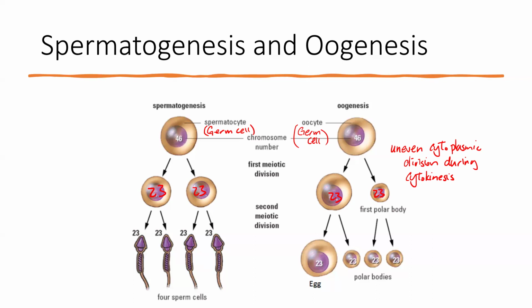So in oogenesis, one germ cell will only produce one viable egg. The other 3 polar bodies don't do anything. You understand? 4 sperms for men, 1 egg per division.